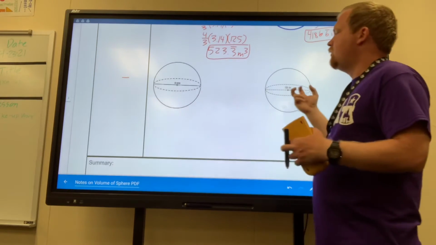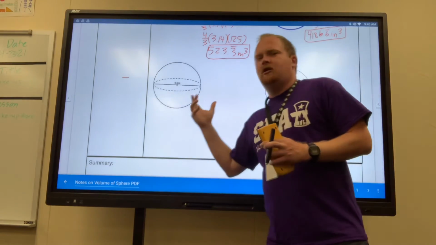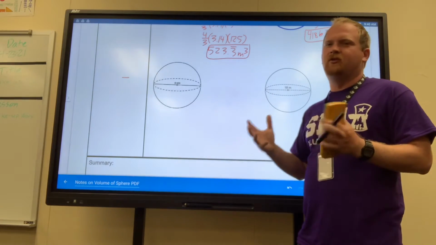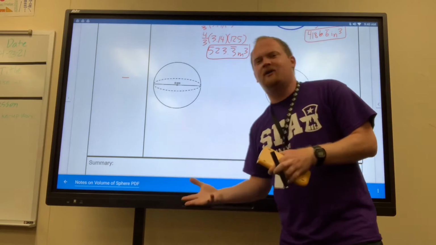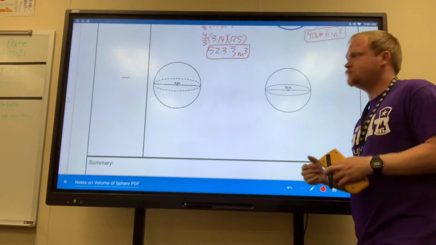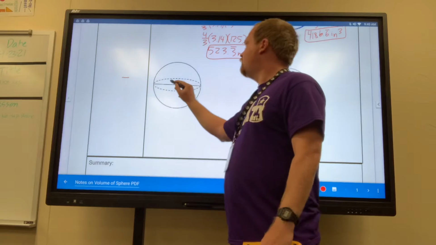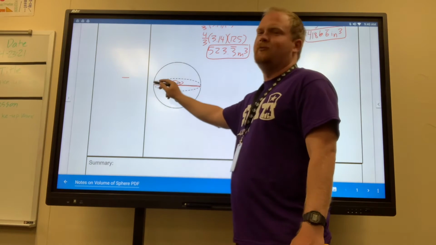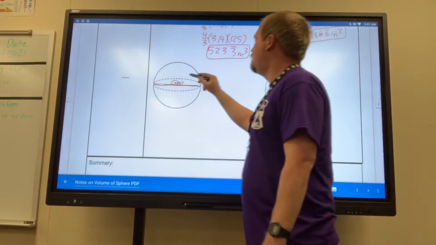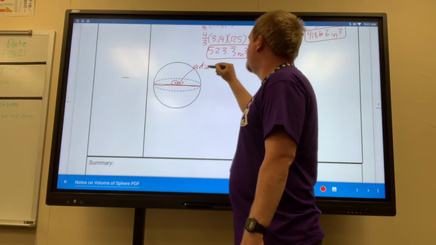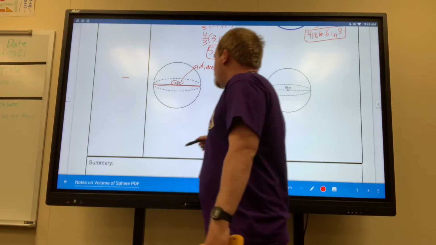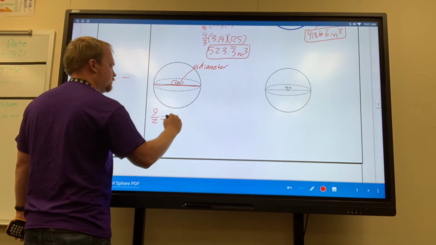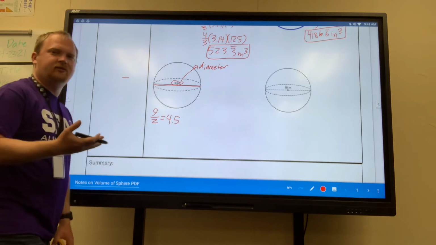Now, you may notice this, it pretty much is the same type of figures as for the surface area, but we could easily find it with volume. So notice how this line goes from one end of the sphere to the other. Remember, that's just called diameter, of course. But for diameter, we just gotta divide by 2, and we have our radius.